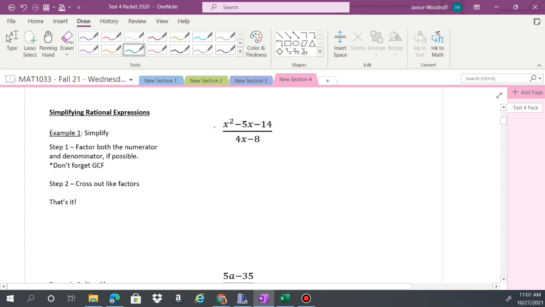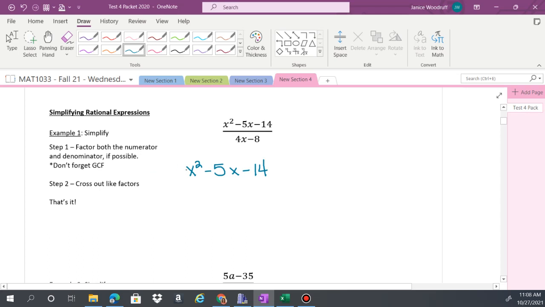So if I look at my numerator, x squared minus 5x minus 14, I have 3 terms. If we didn't do well on our last test with factoring, we may want to review some of that because it's going to be all throughout this module.